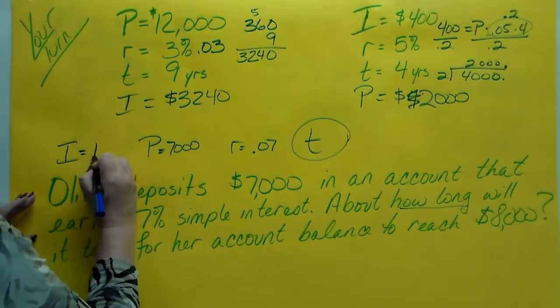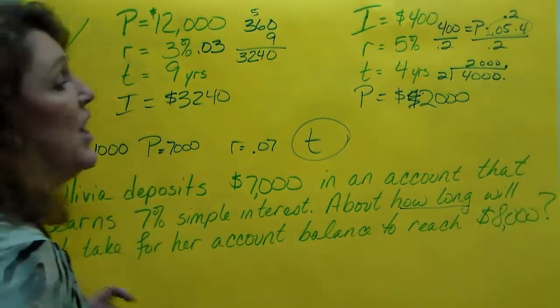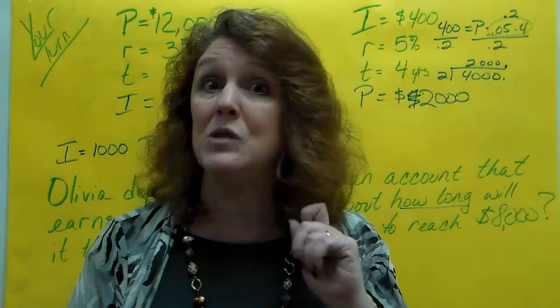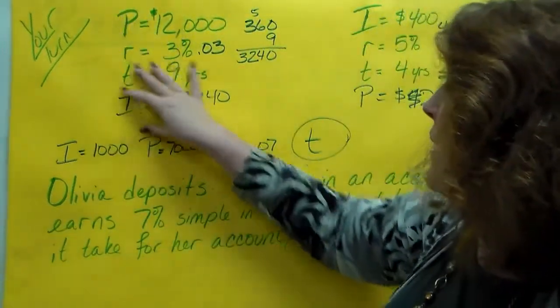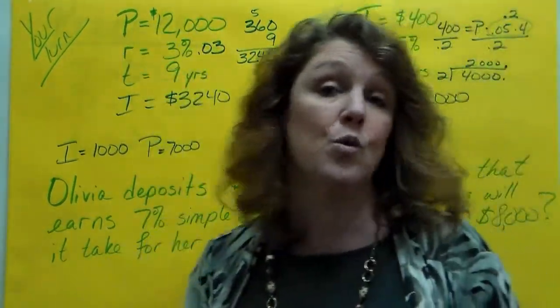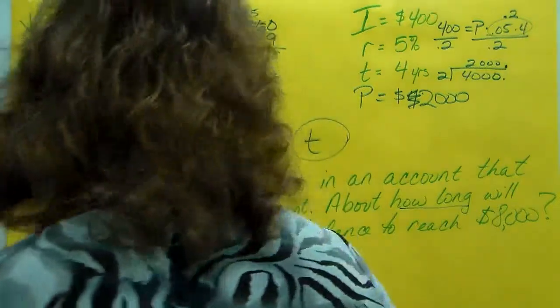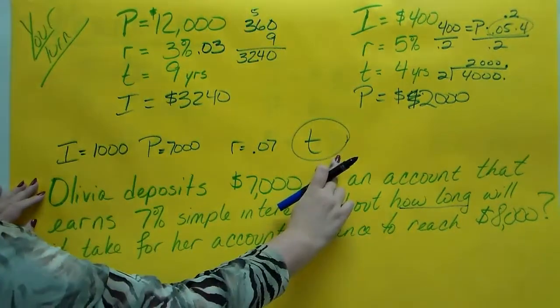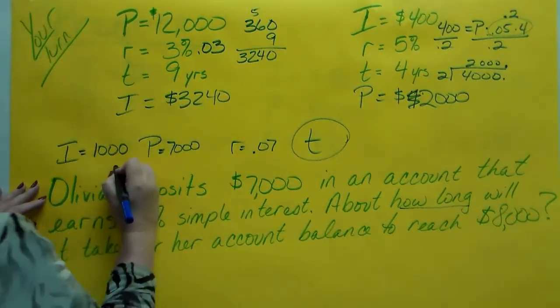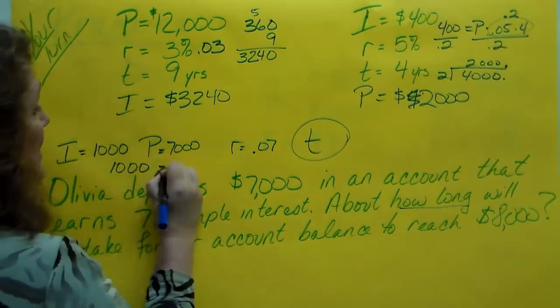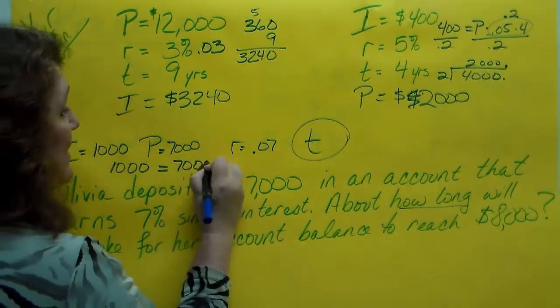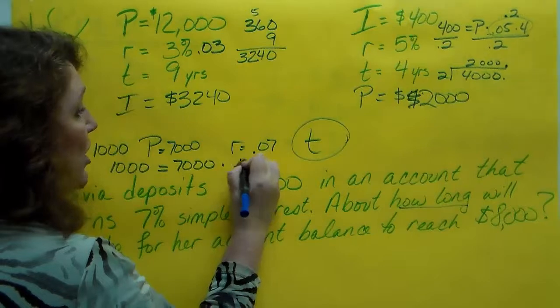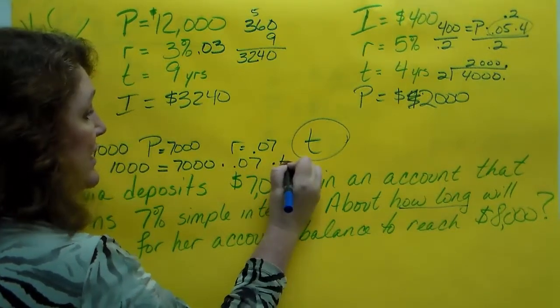So the interest is only $1,000. Please make sure you see that. If it's not spelled out like this, you've got to watch your word problems for tricks like that. So now I've got my equation. 1,000 equals 7,000 times 0.07 times t.